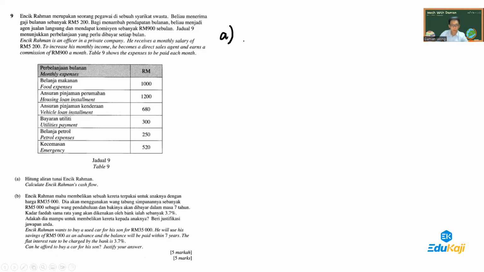So basically, cash flow will be total income minus total expenses. Total income will be the 5,200 plus 900, 6,100 ringgit.